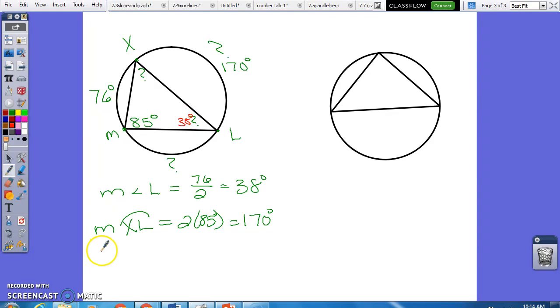So the measure of angle X would have to be 180 minus what the 85 plus the 38 degrees add up to.